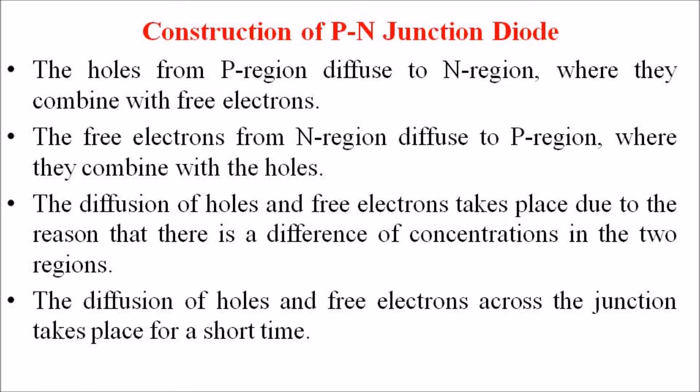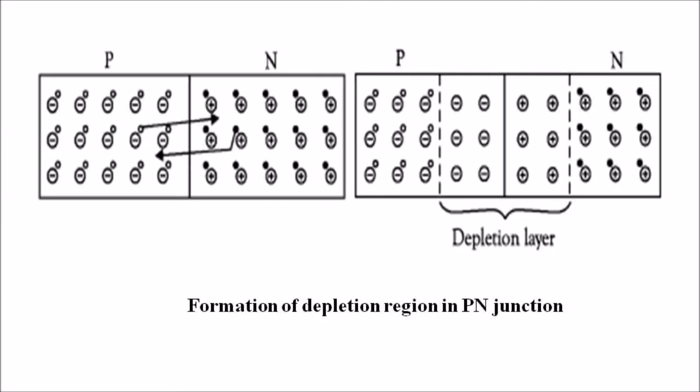As a result, further diffusion of holes and free electrons from one region to the other is stopped by this depletion layer. The formation of this depletion region is due to the availability of uncovered negative acceptor ions in the p region and positive donor ions in the n region at the junction, as shown in this figure.